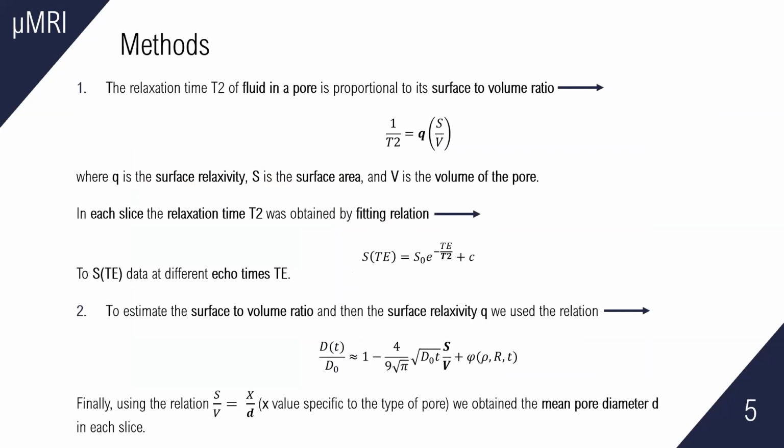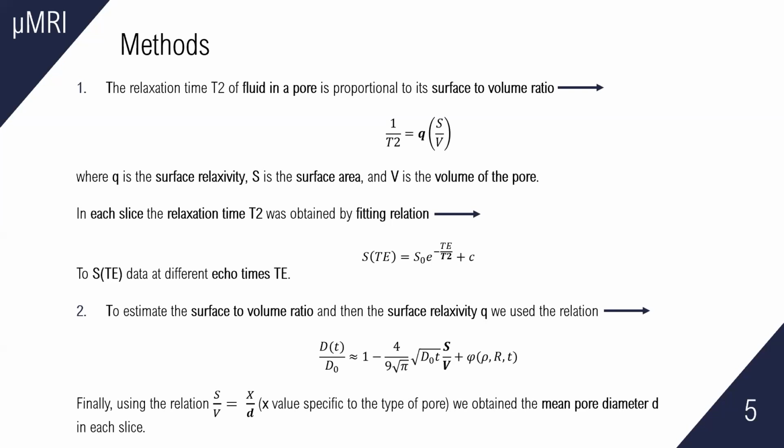Also, pore diameters were estimated using combined diffusion times and relaxation times. In the first equation, we can see the relaxation time T2 of fluid in a pore in each slice, which is proportional to its surface to volume ratio.